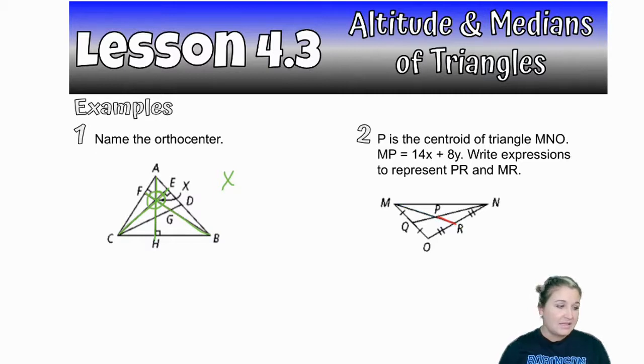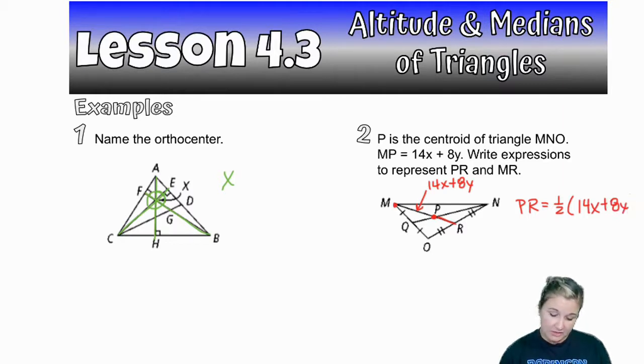I think it's easier to find PR first. We know that from M to P, and it's kind of hard to see this, but this distance here is 14x plus 8y. So to find PR, since this piece here is twice what PR is, but I don't know PR, I know that PR is going to be half of 14x plus 8y.